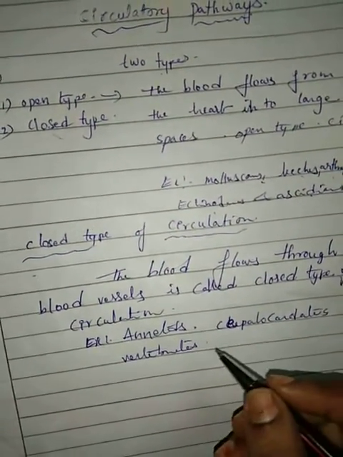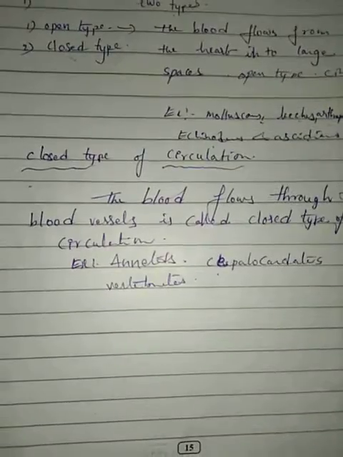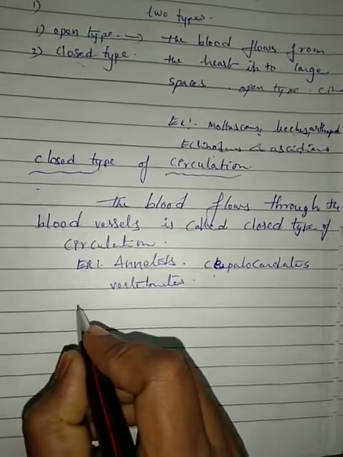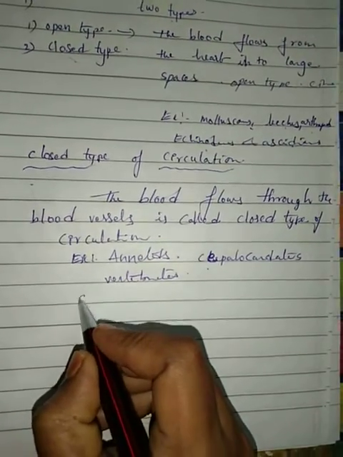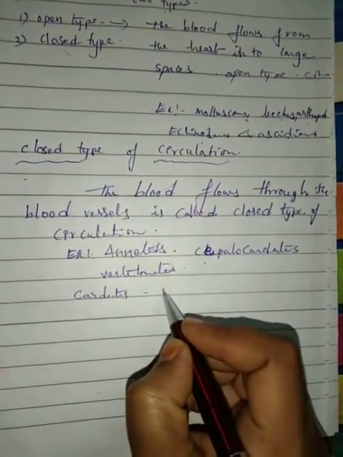So these are the main closed type of circulatory organisms. Chordates are mainly divided into 5 groups.